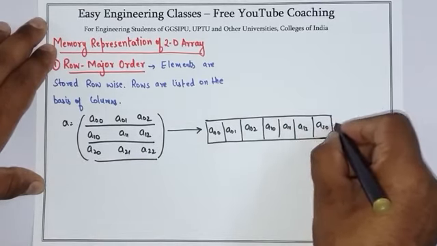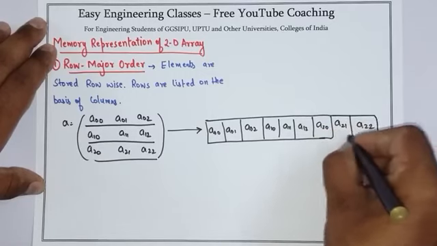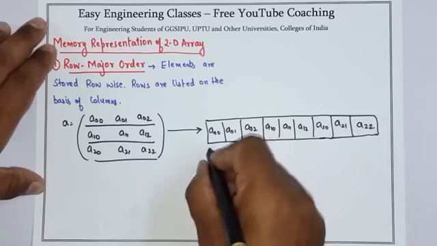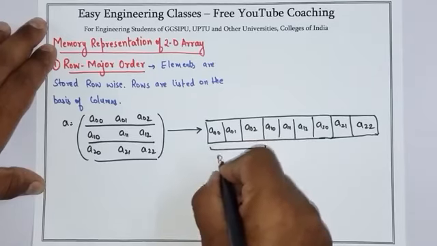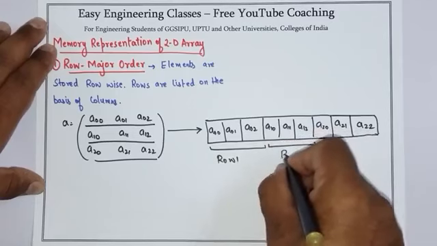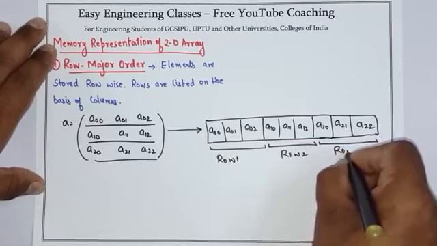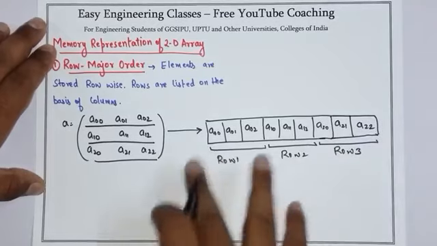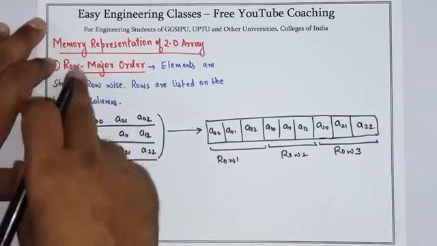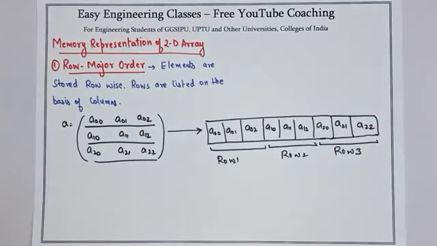So A20, A21 and A22. So this is row 1, this is row 2 and this is row 3. So in this way row major order works. So the elements are stored on the basis of rows.